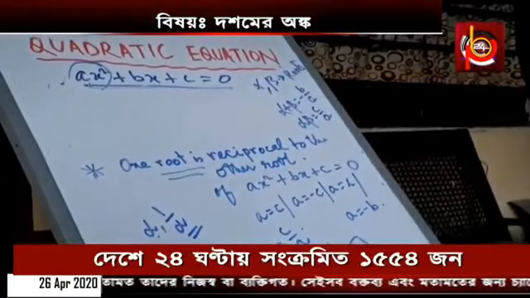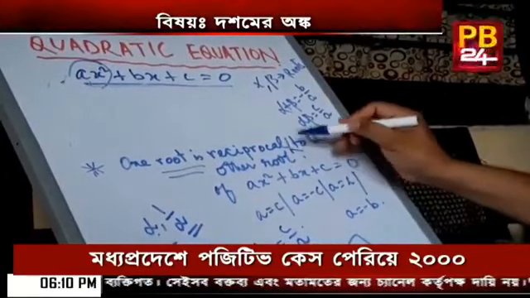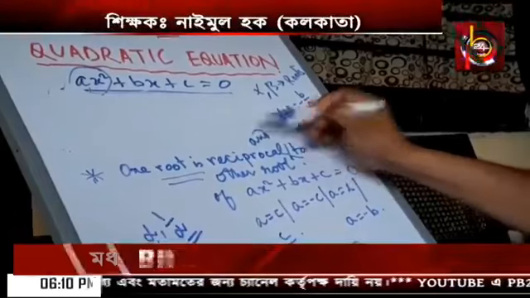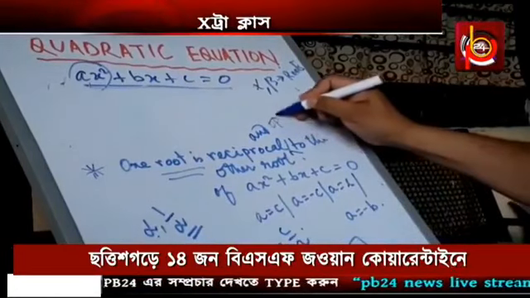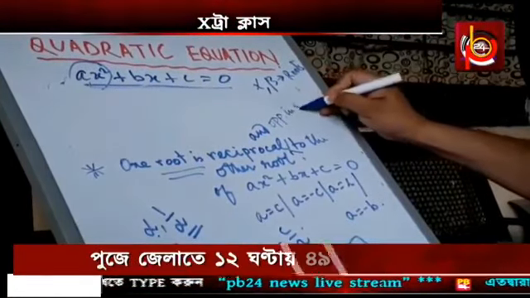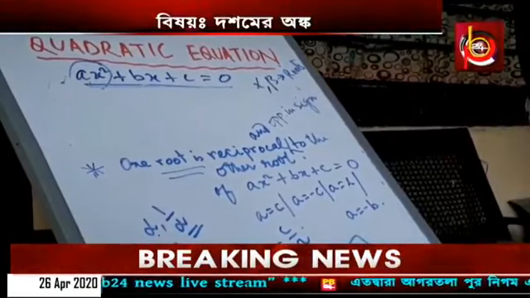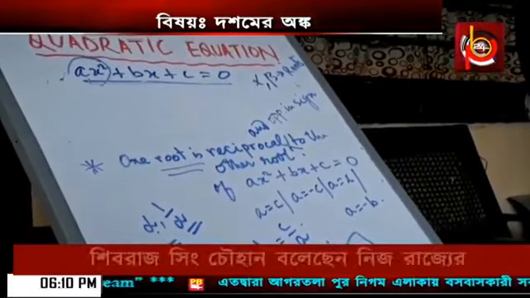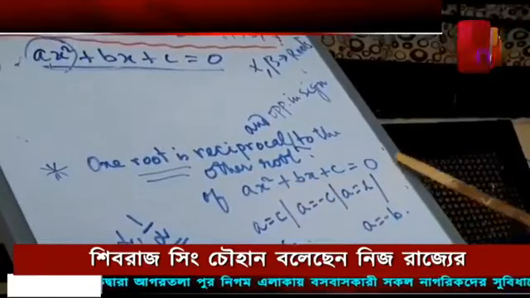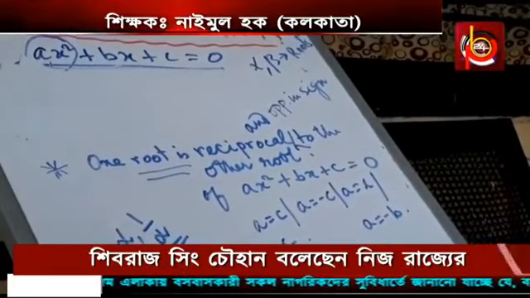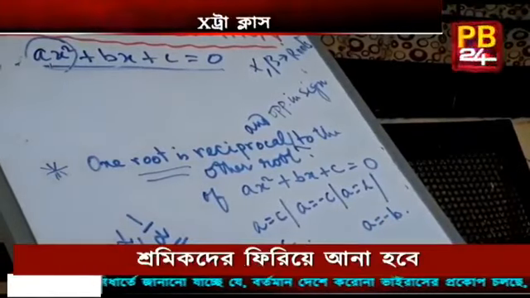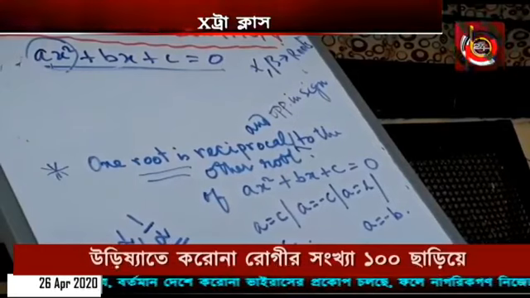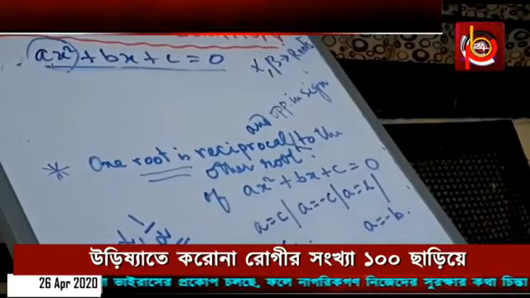One root is reciprocal and opposite in sign of the same equation, ax square plus bx plus c equals to 0. These 4 options are also given over there. So what will be the sum? See the solution, how easy it is.